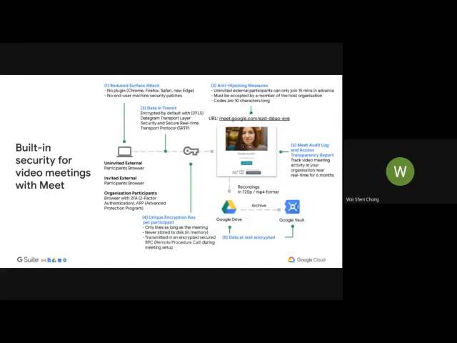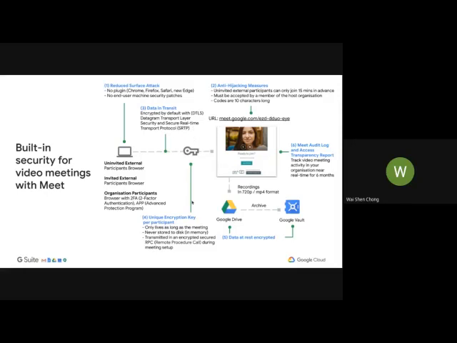So this is just to share with you the built-in security of video meetings with Meet. It is how you should reduce the attack surface. There's no plugin for Google Meet. And there are anti-hijacking measures. You also have data in transit, which is encrypted by default with DTLS, datagram transport layer security, and the secure real-time SRTP layer.